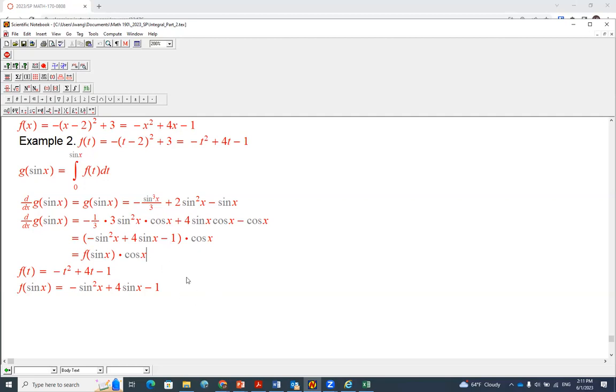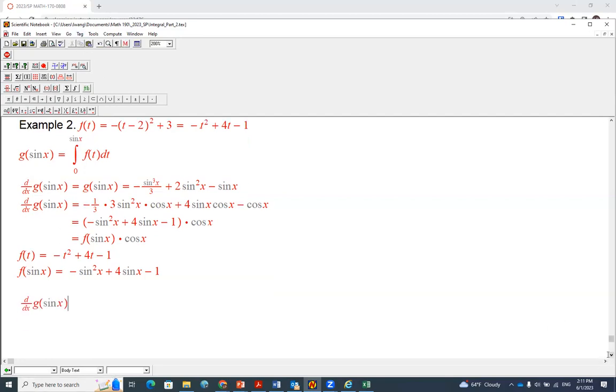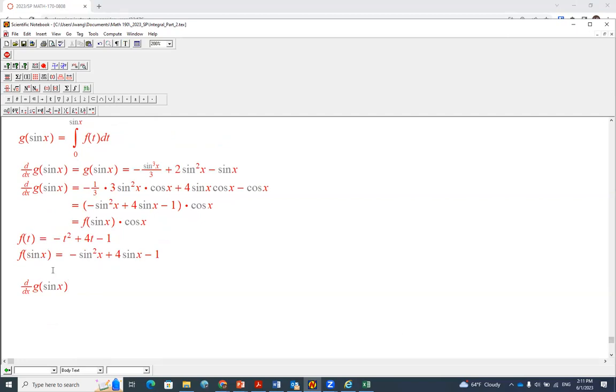So that's one way to do it. This way of doing it is that you already found the G. What if I didn't find the G? If I don't know G, I can still do it. I'm going to still differentiate using chain rule, because in this case, I don't really need to know G in order to find the derivative.